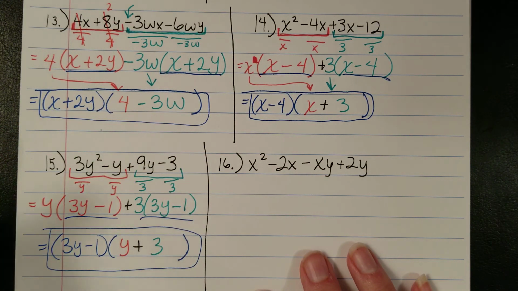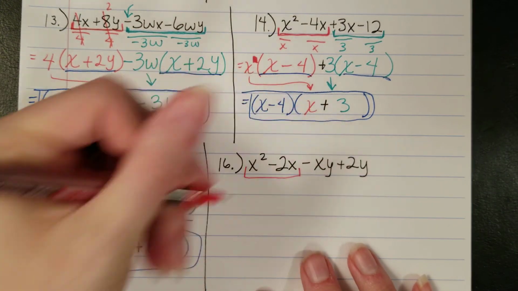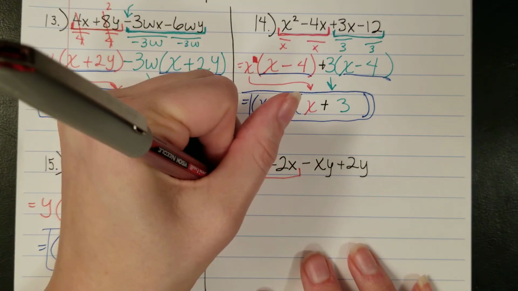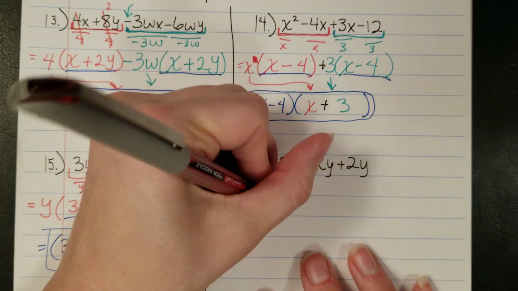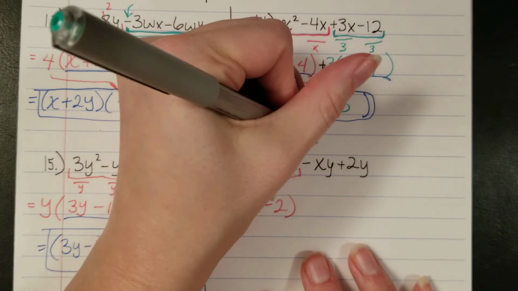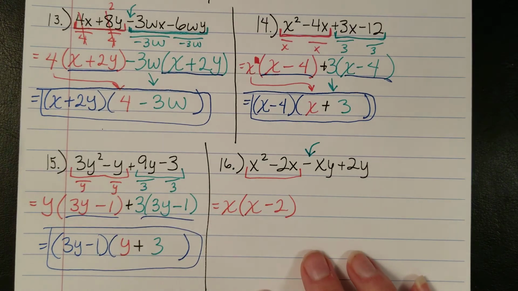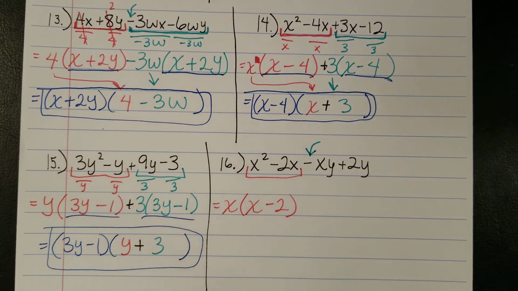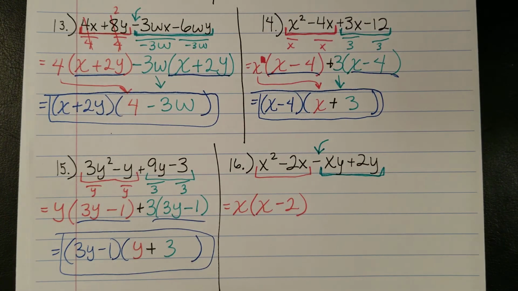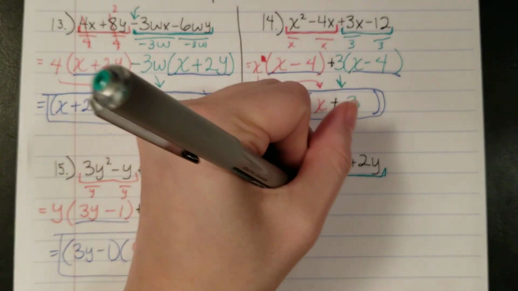Number 16. The GCF for the first group is x, and that leaves, when you divide that out, x minus 2 in the parentheses. And then again, we have a minus right there, so we're going to say that our next GCF is a negative, so it's going to be negative y.